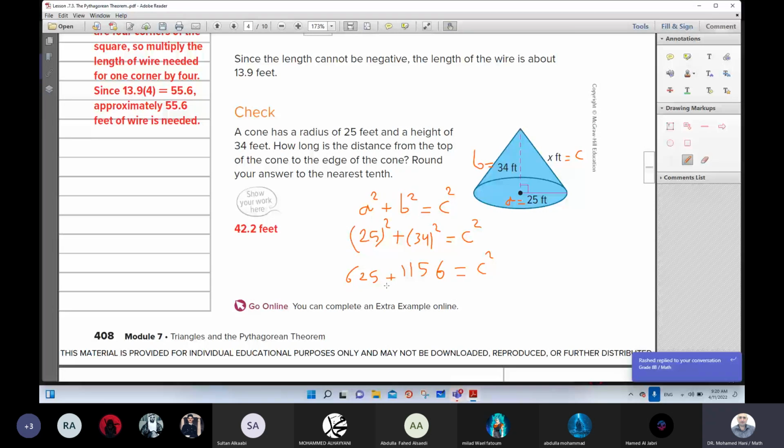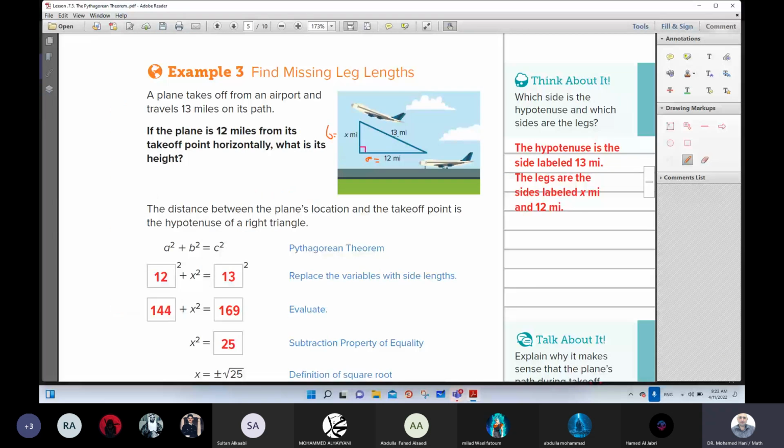And as you see in this example, we have here the right triangle. This is the value of A, and this is the value of B. And here, the value of C. To find the missing value, you can use the Pythagorean theorem.